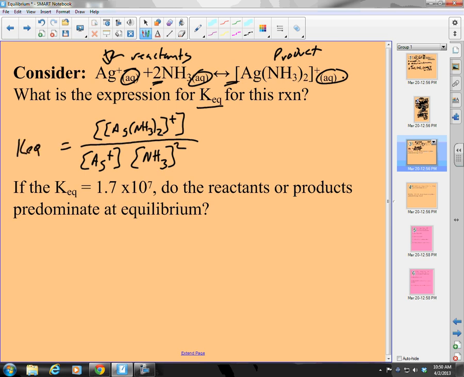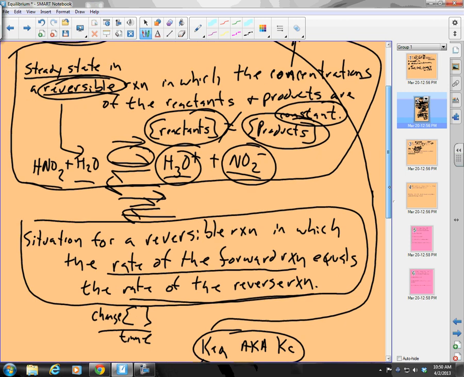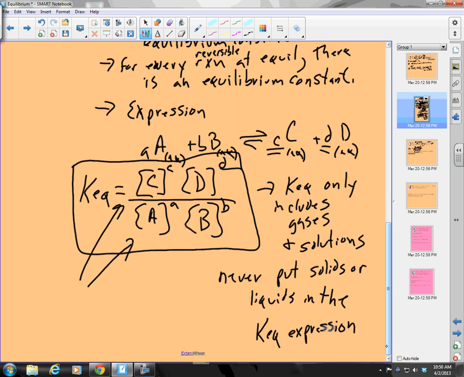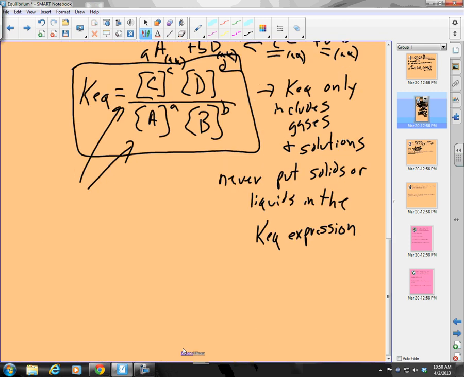That's my KEQ. Great. If the equilibrium constant is 1.7 times 10 to the 7th, do the reactants or products predominate at equilibrium? Okay, let's go back and let's fill in some more information. We're still talking about our KEQ, and let's talk about the meaning of KEQ.